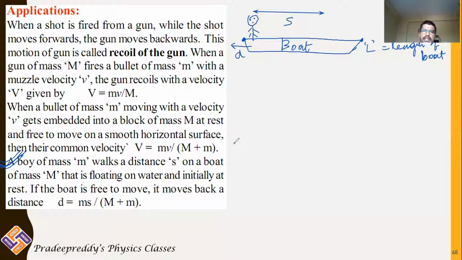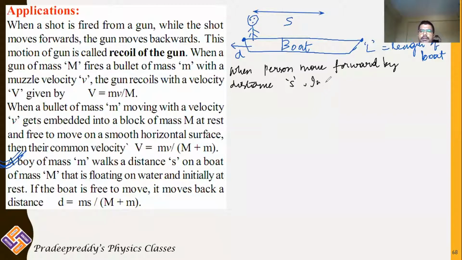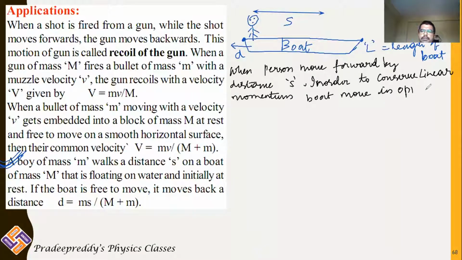Okay, so what actually happens here? When the person moves forward by distance S, in order to conserve linear momentum, the boat moves in the opposite direction by distance d.